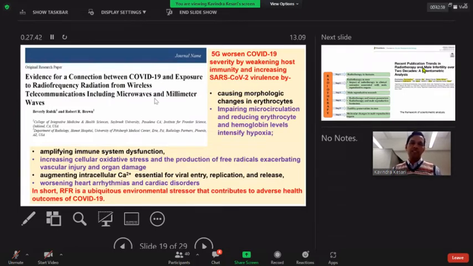I did not know that this radiation is also enhancing the effect of COVID, and the effect is almost double when combined with the COVID infection virus. So it's a very interesting paper to see how this works in this pandemic. I can say that those who have severity problems might also be facing some radiation issues. Maybe this radiation is helping to cause the severe condition for COVID patients.